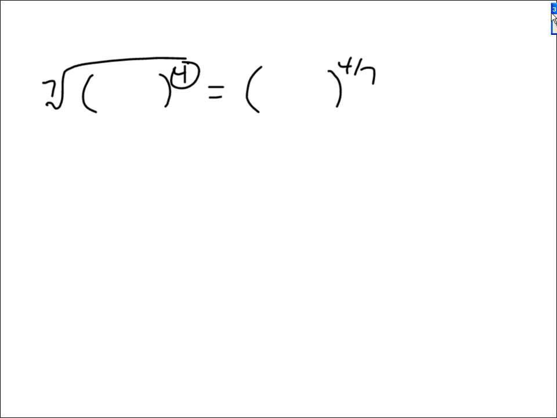The point I'm trying to make is, it doesn't matter what's in the bracket. It's going to be what's in the bracket to the 4 over 7. If it's 3a plus b, fine, it's 3a plus b to the 4 over 7.